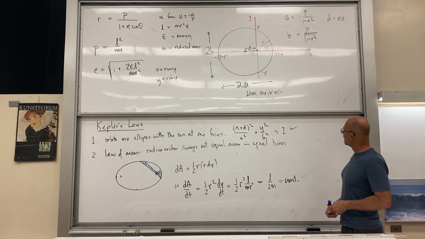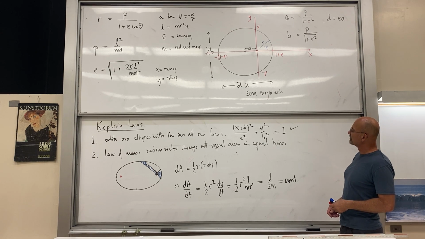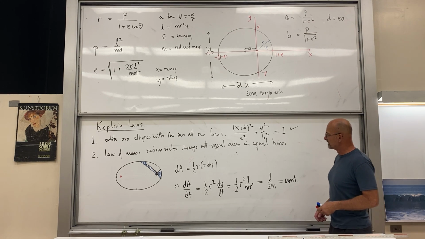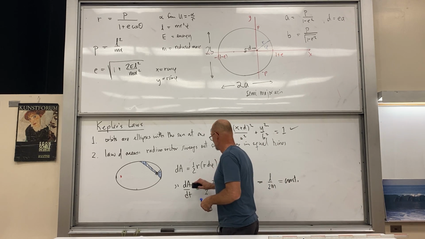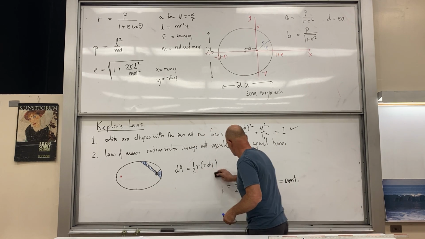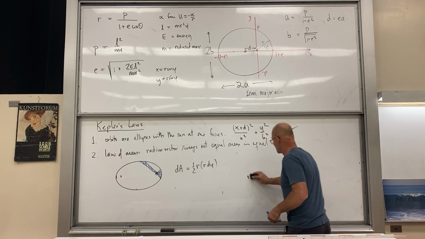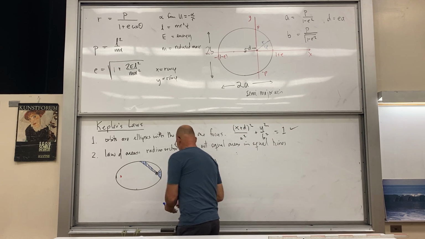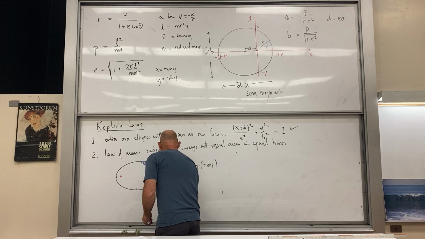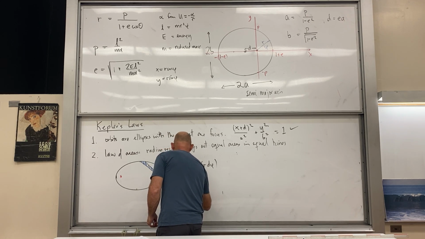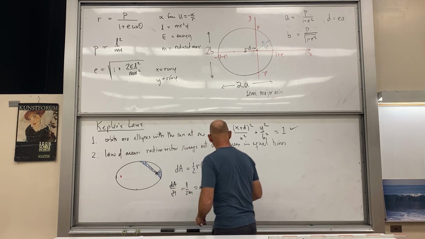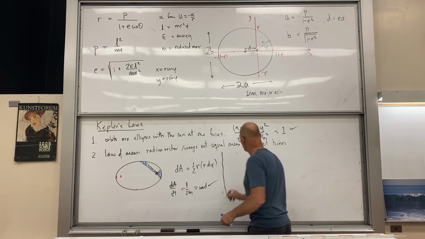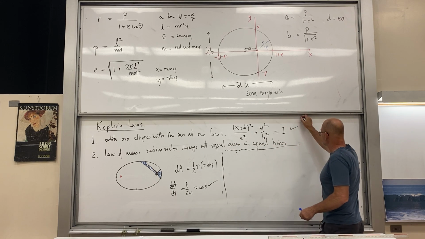And the third law, I wouldn't mind having it all on one board, but you can't always get that. I'll rewrite this: dA/dt equals L over 2m equals constant. Now for the third law, we can block this off right here.